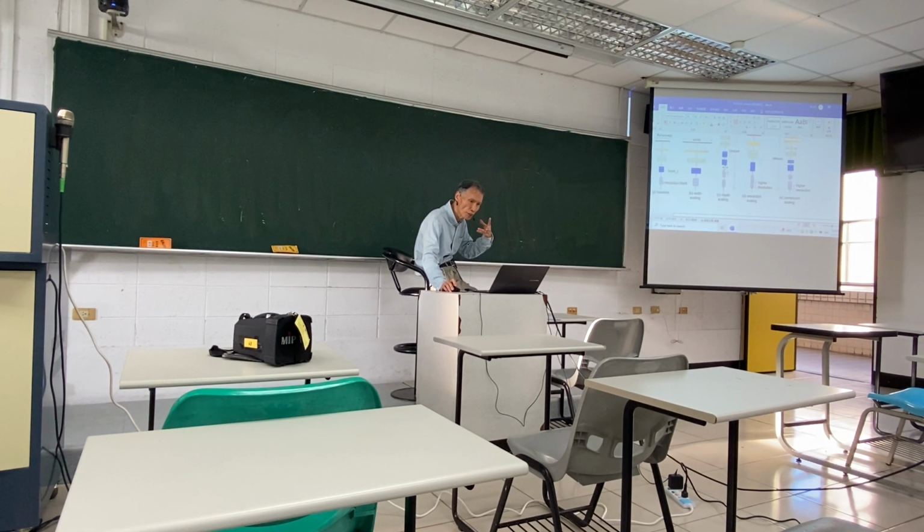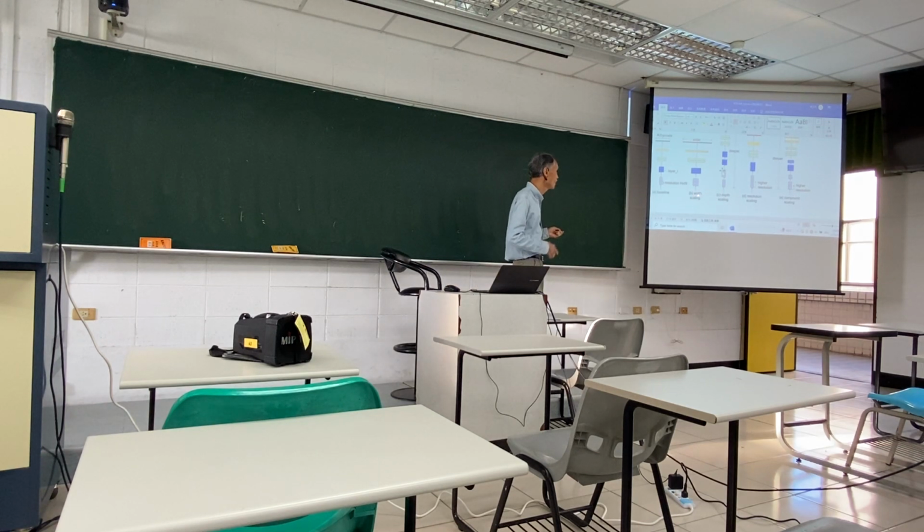EfficientNet will guide you or tell you what the best model or architecture is, based on the depth: how many layers, how many convolution layers you need. And then we will also talk about width scaling: for each convolution layer, how many filters you need.